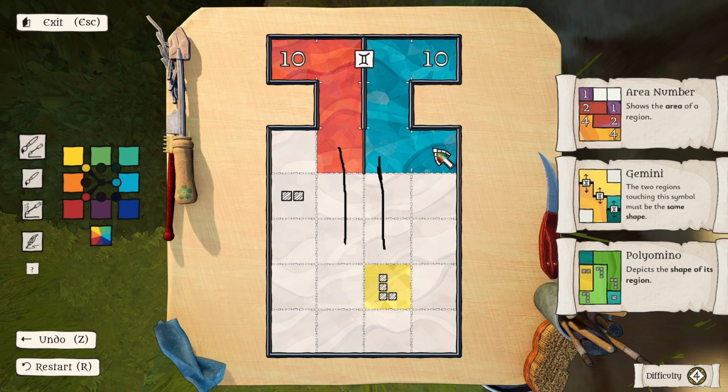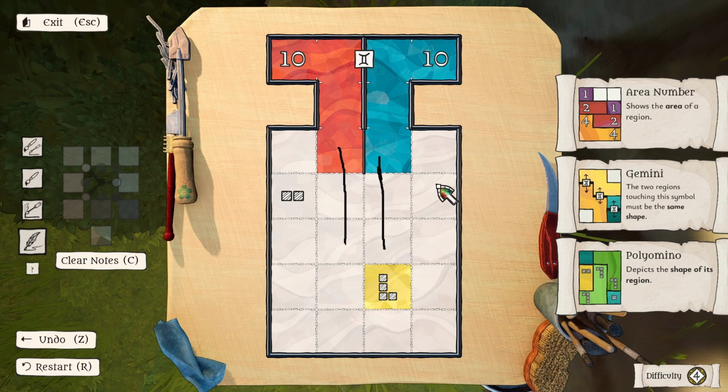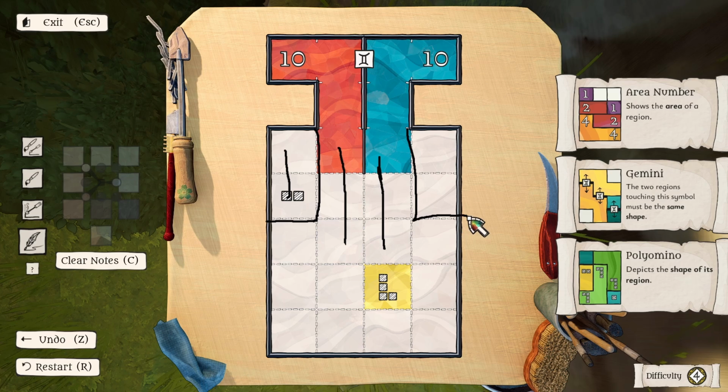I'm gonna pull those back. If this is here, that means the 10 doesn't take that.